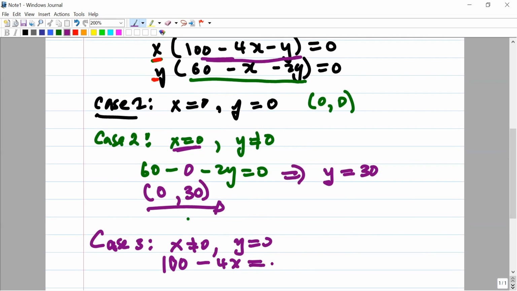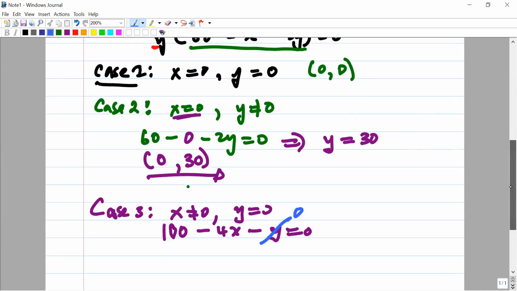But remember y is taken to be equal to 0, so y is already 0 here. So this leads to x equals 25. So we now have an equilibrium point (25, 0).